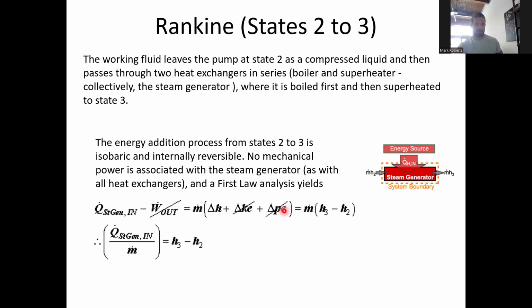Those terms are generally going to be small. So in this case, the heat in is the mass flow rate times delta H. By knowing the initial temperature and pressure of the liquid and the final temperature and pressure of the vapor, those are measurable and process-defined, we can determine how much heating is required based on the flow of liquid between the two states.